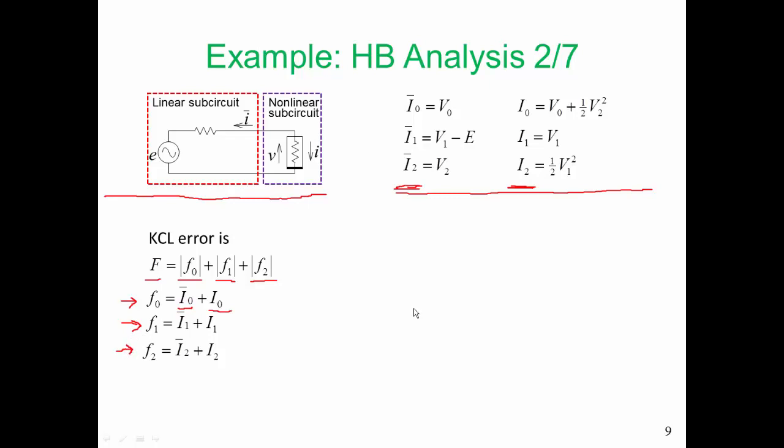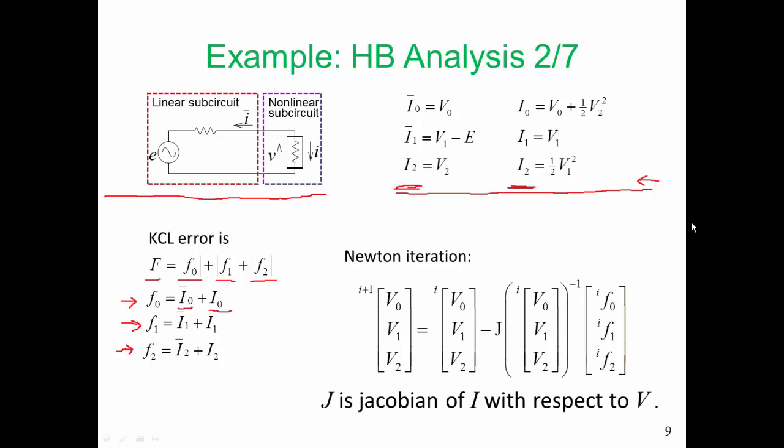So now we have an error measure. We have the relationship between the currents and voltages. We need to iterate on our voltage guesses, that is V0, V1 and V2, to take the error to 0. And the way to do that is to use the Newton iteration. So we want to update our voltage guess.